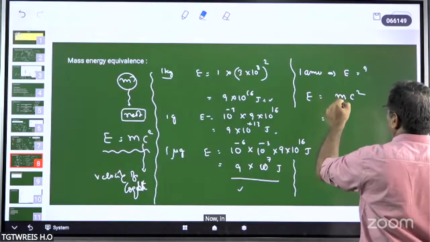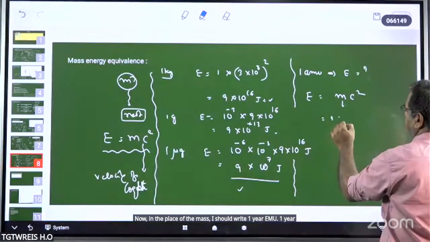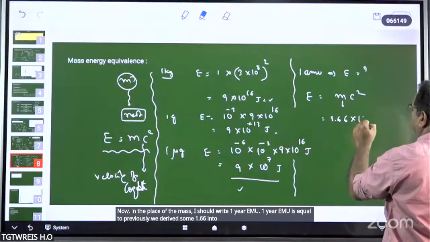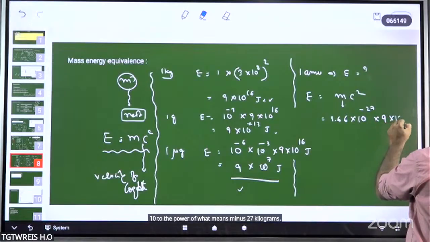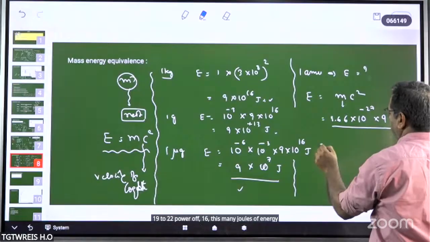Now in the place of the mass, I should write 1 AMU. 1 AMU is equal to, previously we derived, 1.66 into 10 to the power of minus 27 kilograms, times 9 into 10 to the power of 16. This many joules of energy you will get.